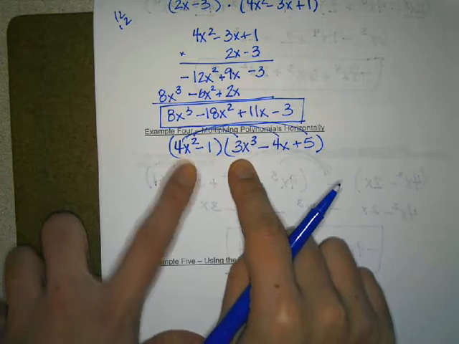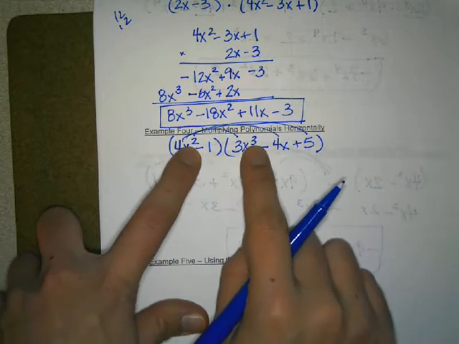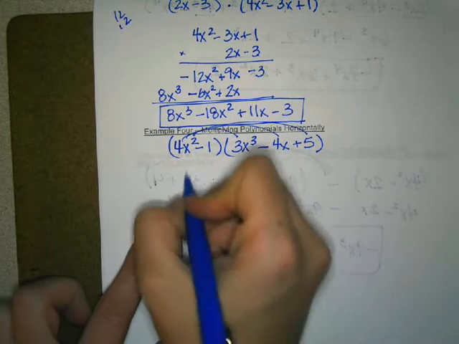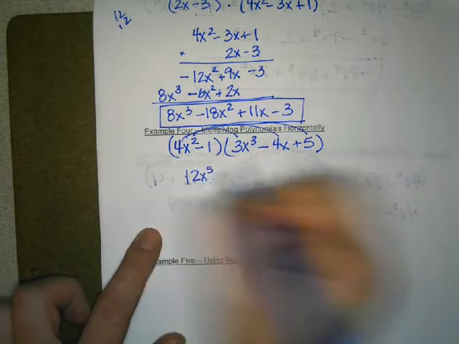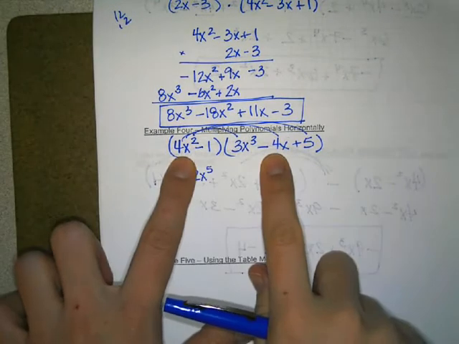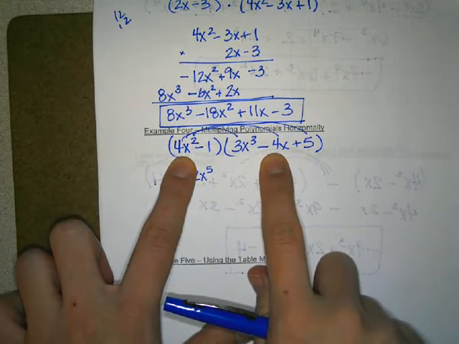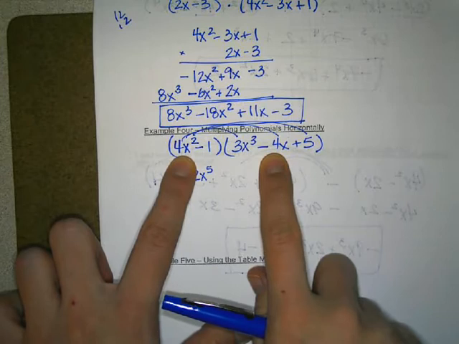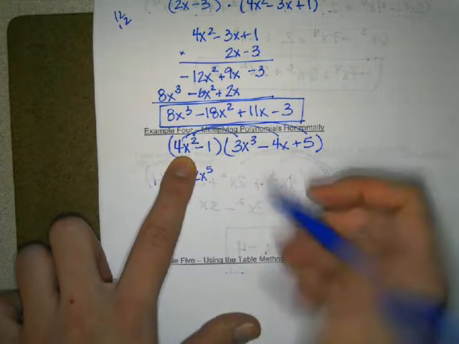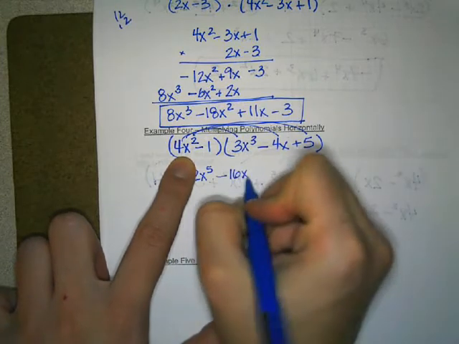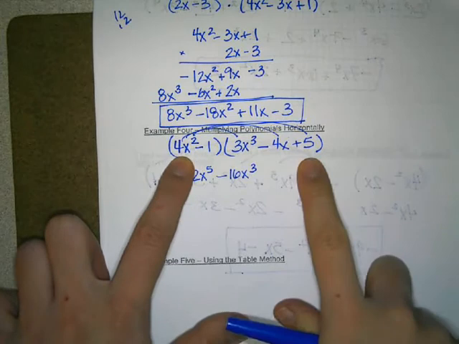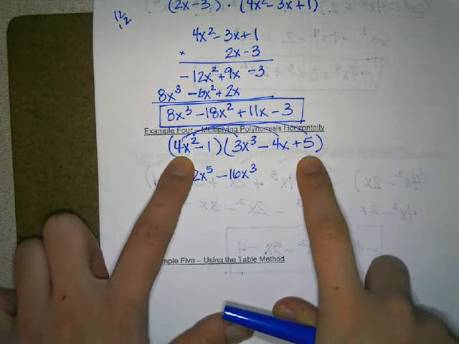When you're multiplying two things with the same base, you add the exponents. Then we multiply these second terms together. 4x squared times negative 4x gives me negative 16x cubed. And then 4x squared times 5 gives me 20x squared.